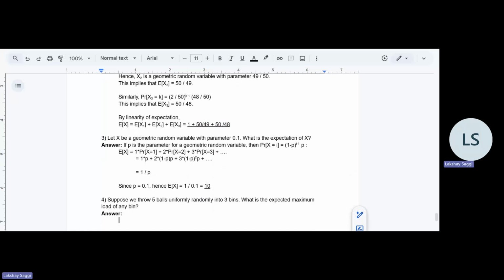Okay, so maybe we'll need probabilities anyway. If we have to find the expected maximum load of any bin, let's see how these 5 balls can actually go into 3 bins.